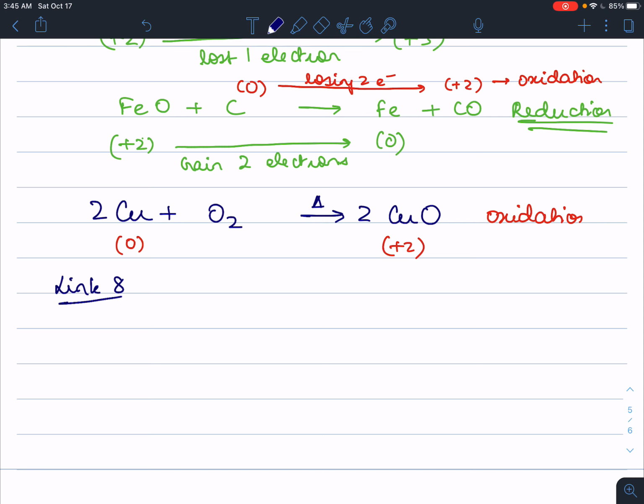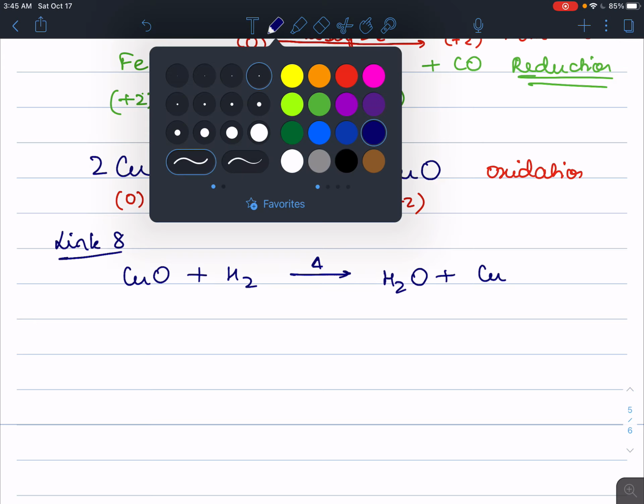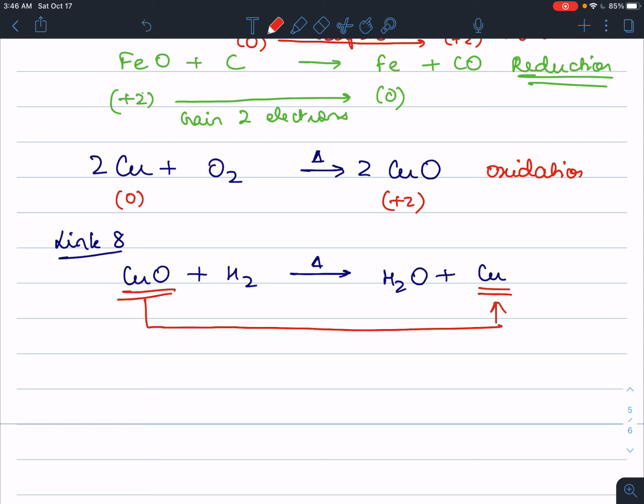How do you reverse this? Very simple. You take CuO and heat it with hydrogen. You get water plus Cu metal. So again, you can see that copper here is coming out, and this copper is going from +2 to 0 state.